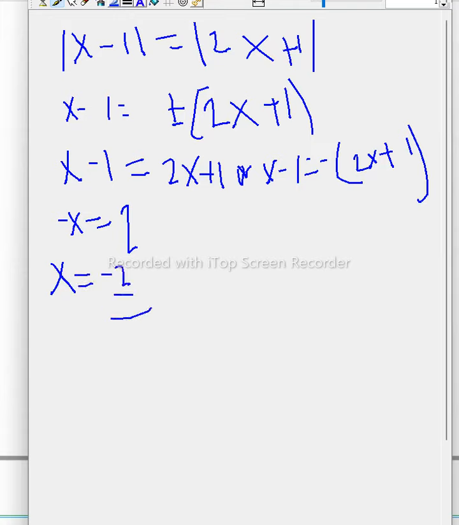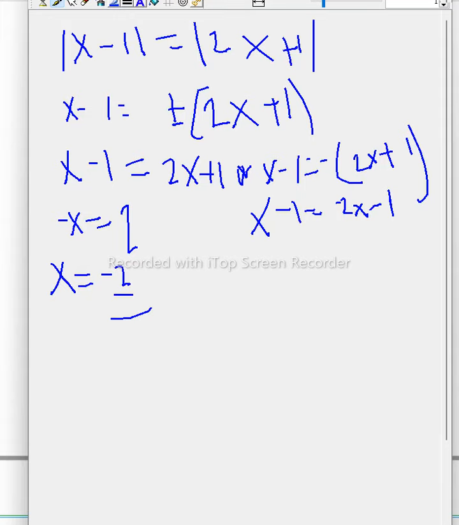Let us do the second equation. Here we have x minus 1 is equal to minus 1 times 2x, which is minus 2x. Again, minus times plus 1, which is minus 1. So here we bring together the same variable, x plus 2x.